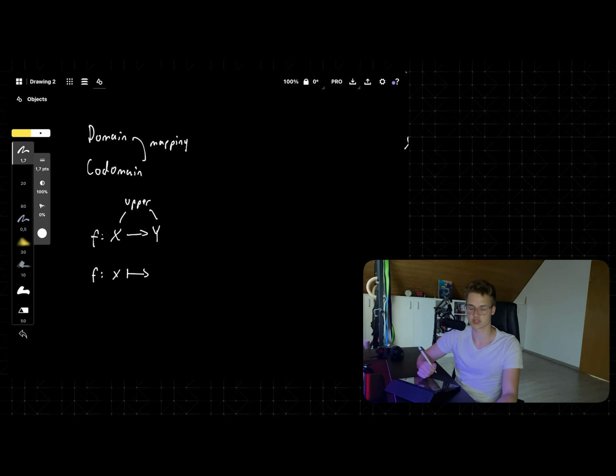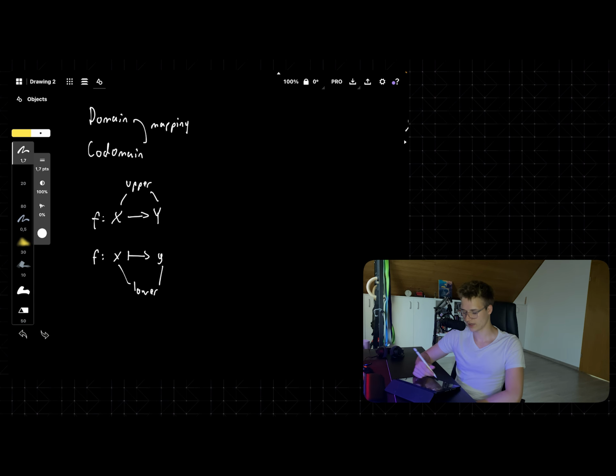When we're matching elements, these are sets, and these are elements of the sets, so we're going to write them lowercase, okay? And you see that we also add this vertical line at the start, okay? So now f is defined. It takes one element from X and it maps it to one element from Y.